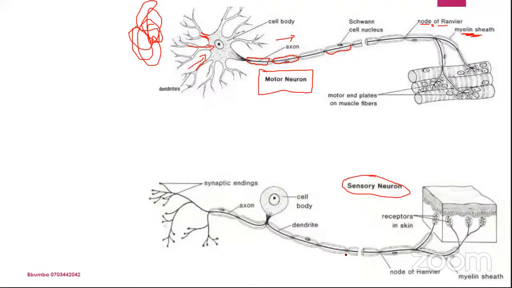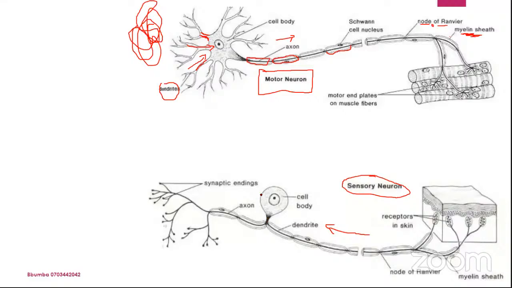Remember, the dendrite has a function of transmitting impulses towards the cell body. Just like here, although here they are short, this dendrite is transmitting impulses towards the cell body, much as they are many and they are short. But this one is transmitting impulses from the organ towards the cell body. That's the dendrite. It is long and one. So the sensory neuron has one dendrite.